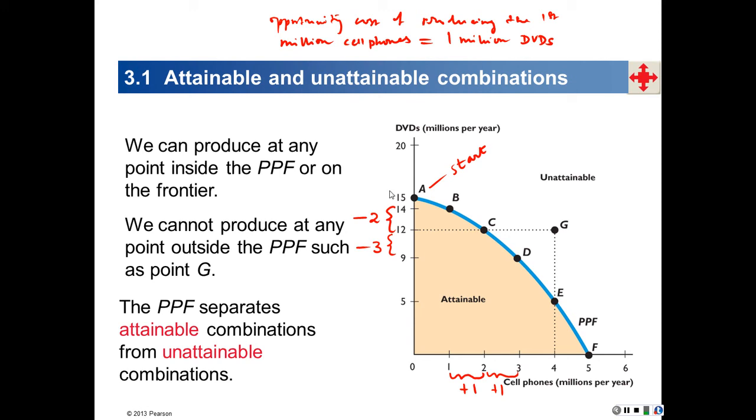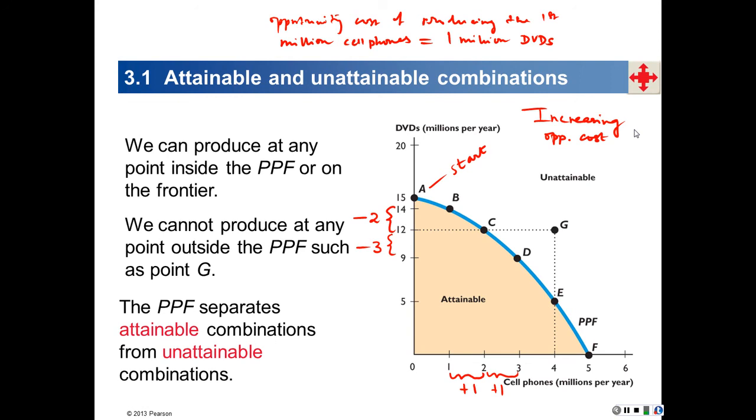You see, what we have here is increasing opportunity cost. Is that correct? We have increasing opportunity cost. Now that is an implication of the concave shape of the PPF.